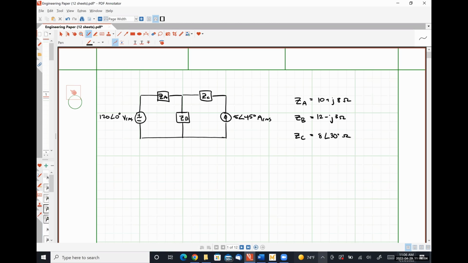Let's determine the complex power. Actually, I take that back. Let's determine the reactive power absorbed by impedance B. So we're going to solve for QB. Let's determine the apparent power absorbed by element C. So it's going to be the magnitude of SC.